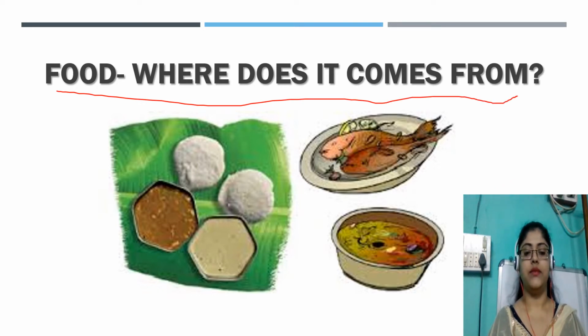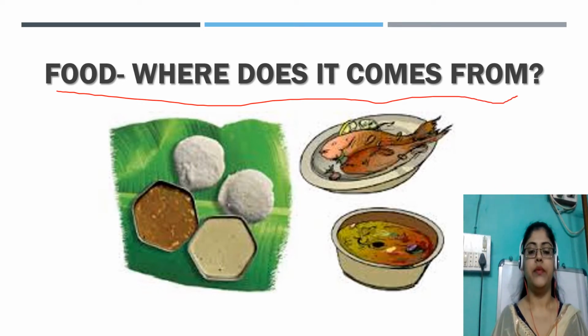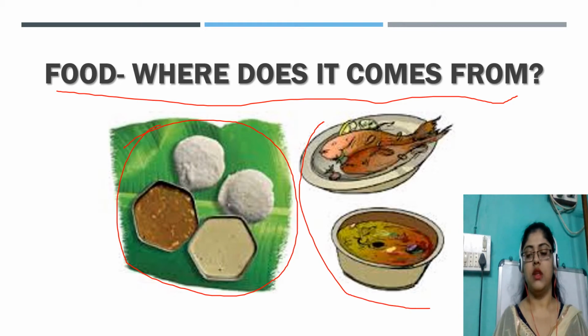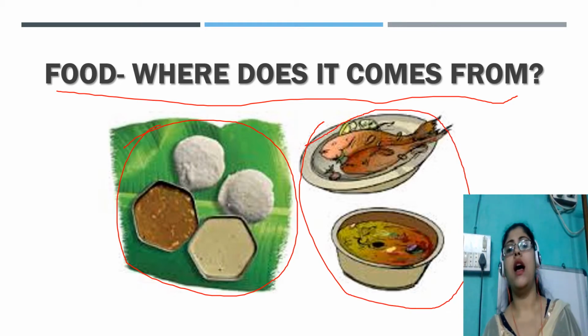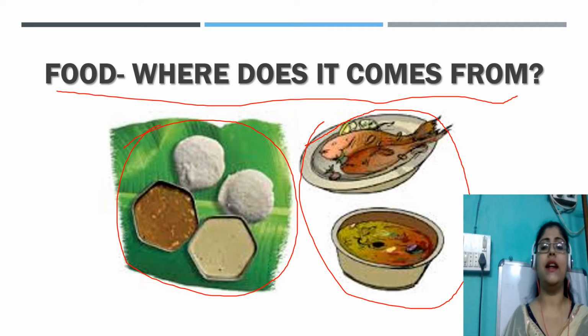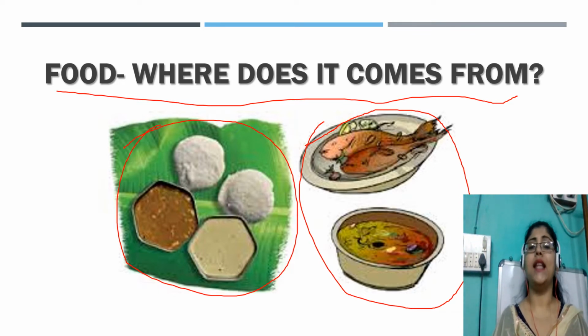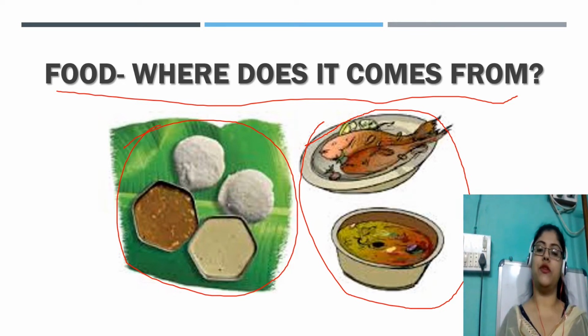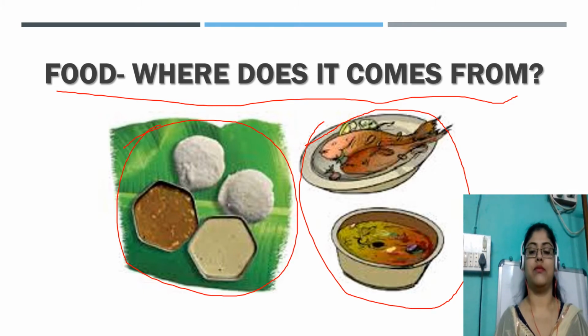Now class, see, there are two pictures in front of you. First is this. Then second is these two pictures. Now you have 3 seconds. Just write down as fast as you can what is the difference between the two images.